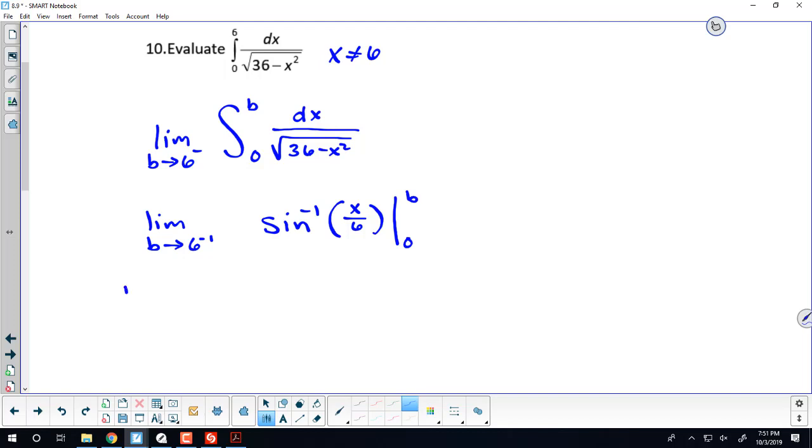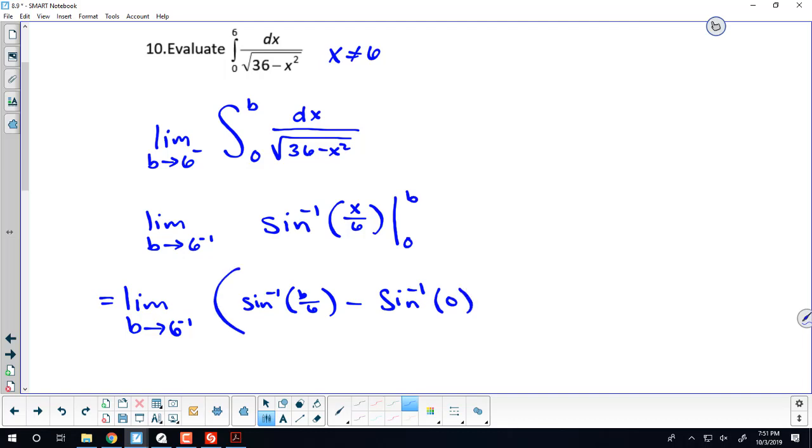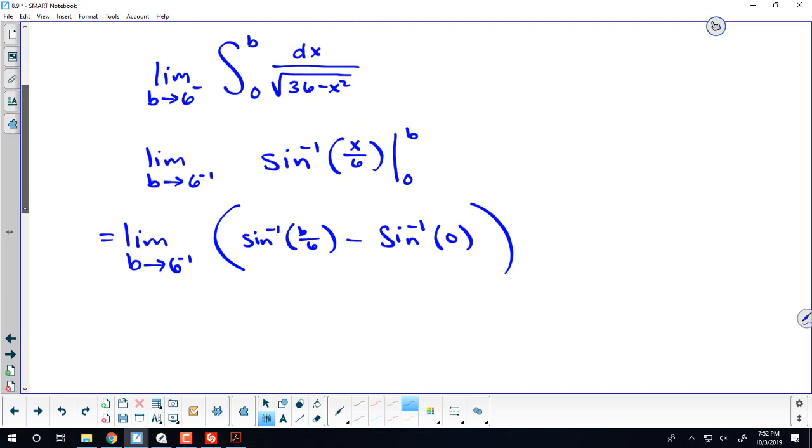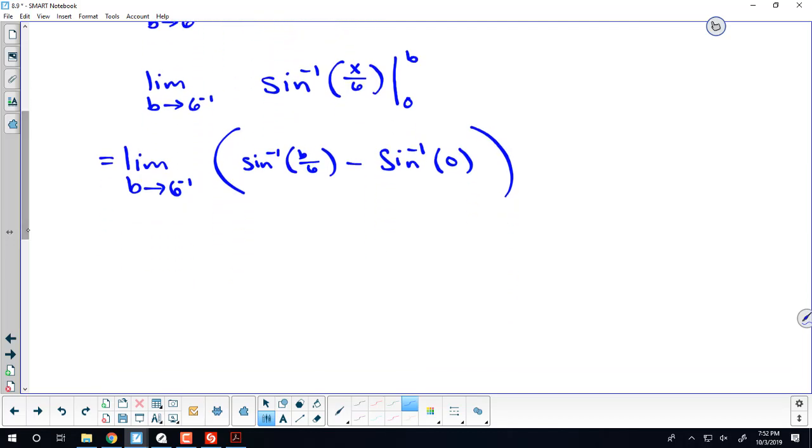All right, so inverse sine of b over 6 minus inverse sine of 0. So what is inverse sine of 0? 0, because the sine of 0 is 0.